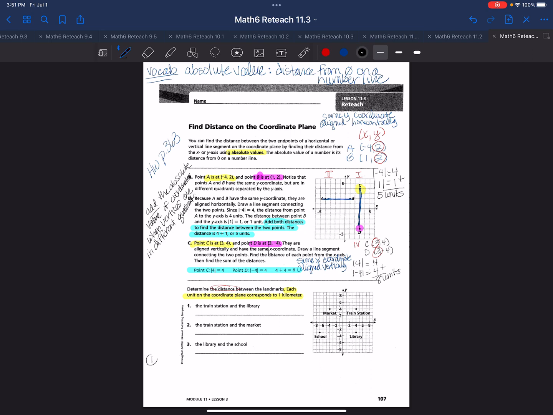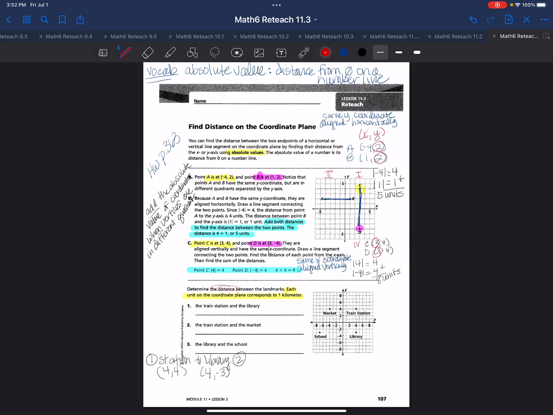Okay, question 1. Question 1 is from the train station to the library. So we know the train station is going to be the point 4, 4, and the library will be 4, -3.